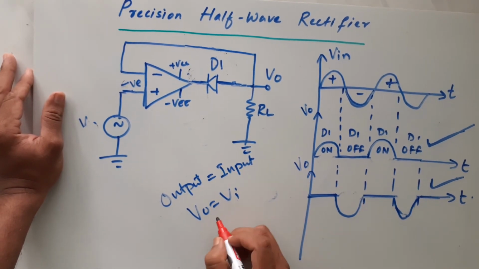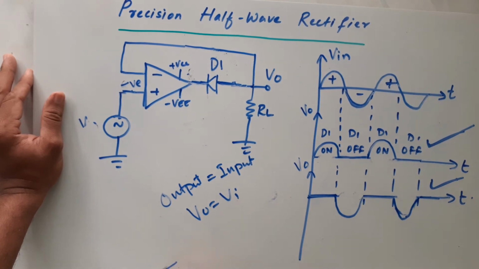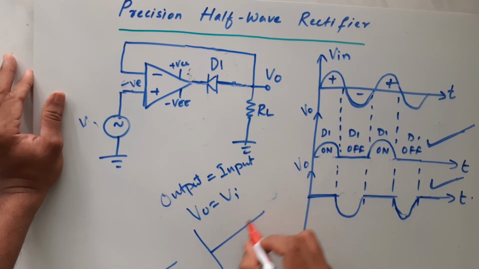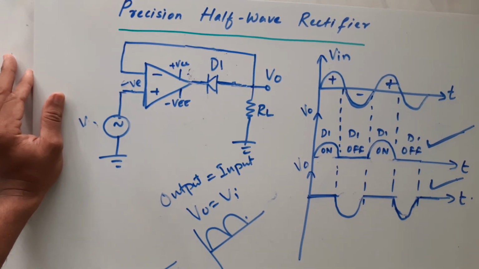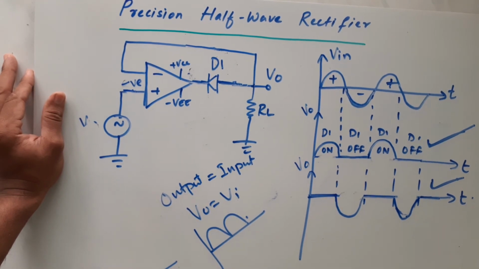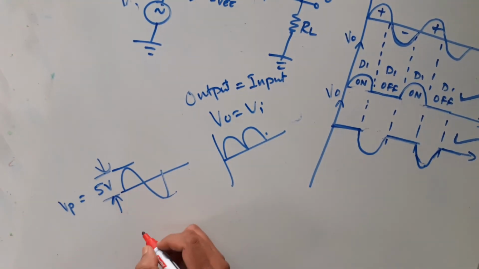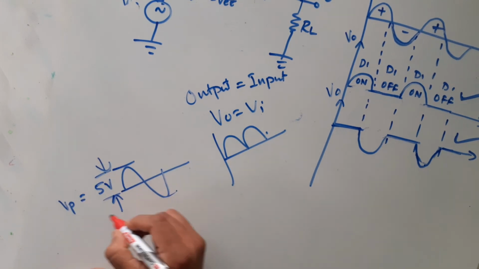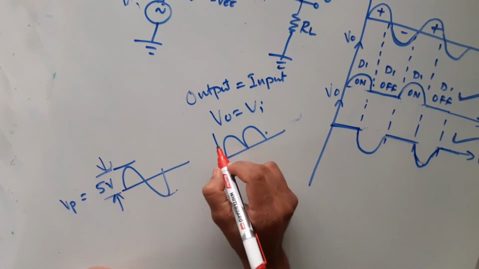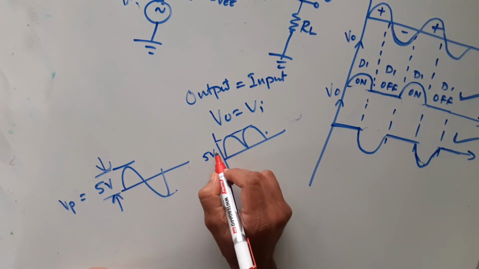Understood? If the peak of this input is 5 volt, we call it Vp, then your output will also be 5 volt peak.